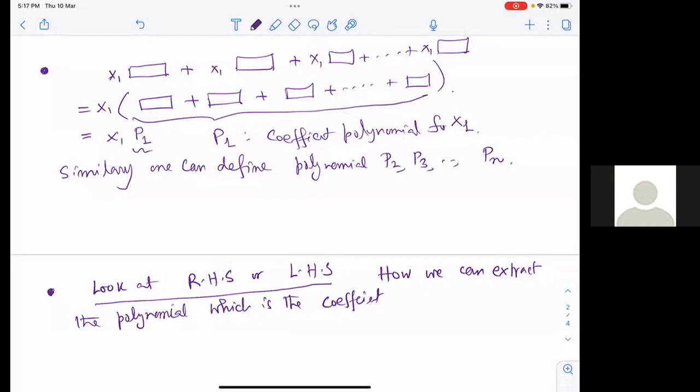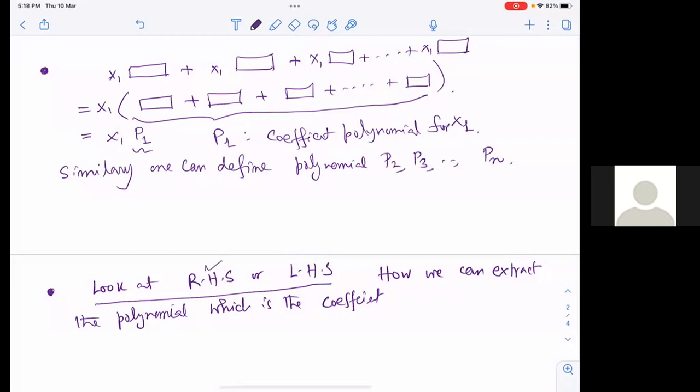Is that notion of the coefficient polynomial clear? Or does anybody have any doubt? Ask me if you have any doubt. If you do not ask, then I'll go ahead. Suppose I give you the LHS polynomial or RHS polynomial.